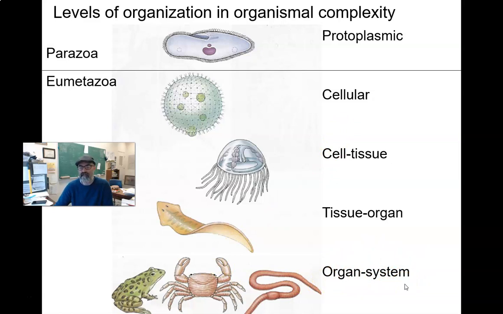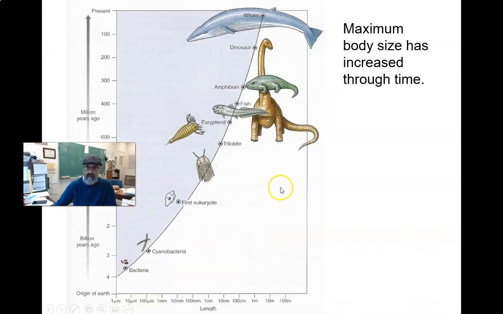Cells organize into tissues, tissues work together to form organs, and then the bladder and the kidney and the urethra all work together to form an organ system. The heart and the capillaries and the veins all work together to form a circulatory system, all of which are controlled by the endocrine and nervous system.